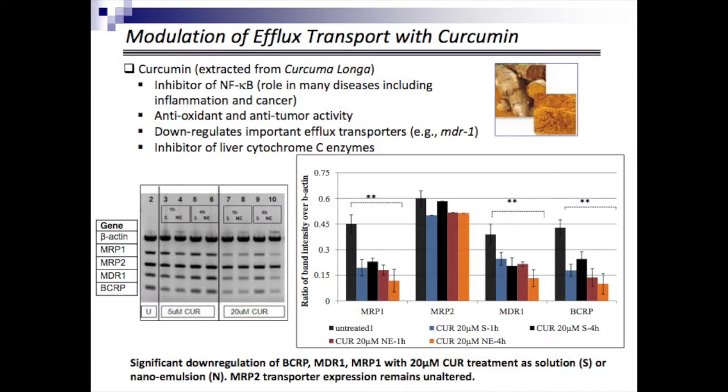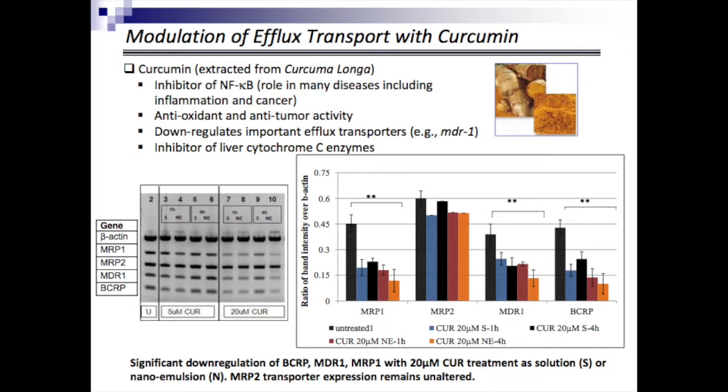And then we also tested a very interesting idea: could we silence or reduce the expression of these transporters? Curcumin, which is a very common spice in Indian and Asian food, is a well-known inhibitor of different kinds of efflux transporters, and has been well characterized, and we have done a lot of studies with curcumin to enhance absorption from the GI tract.